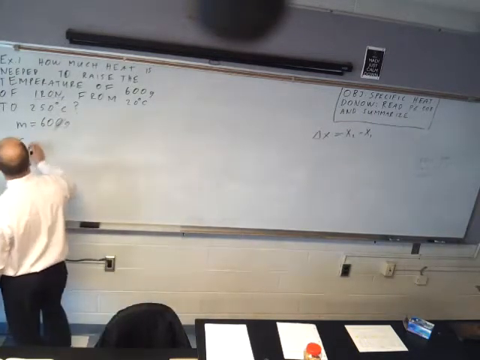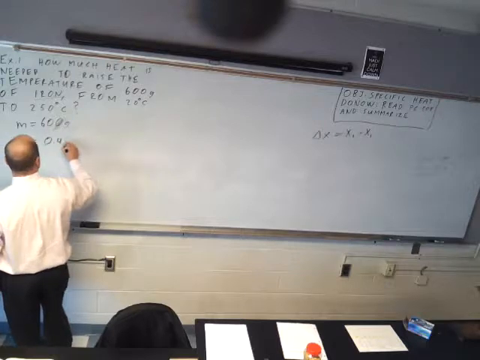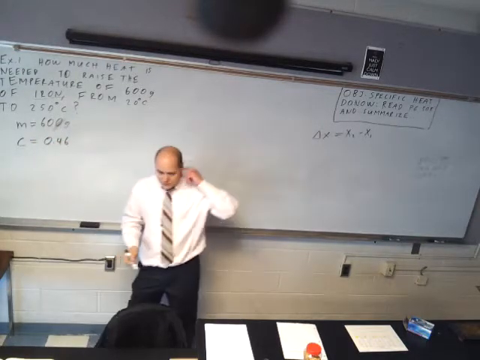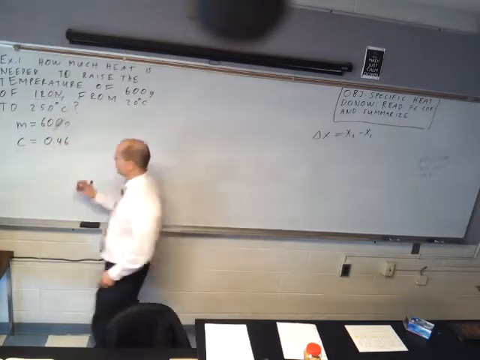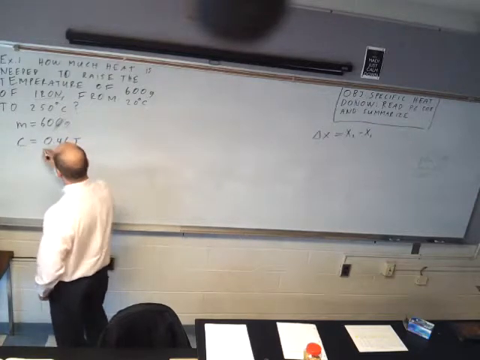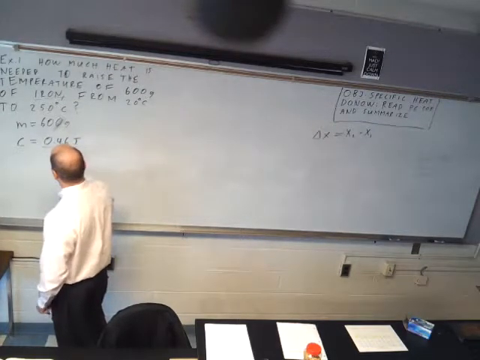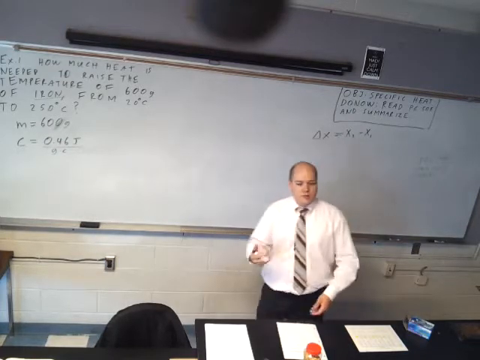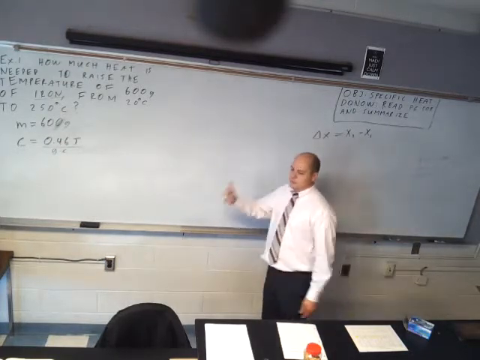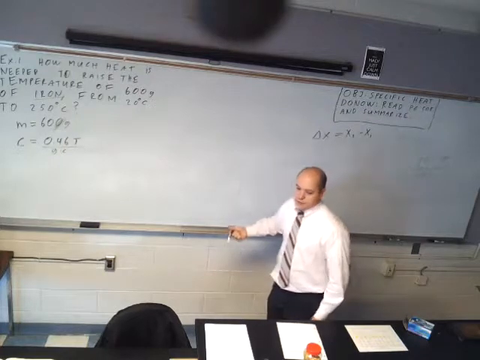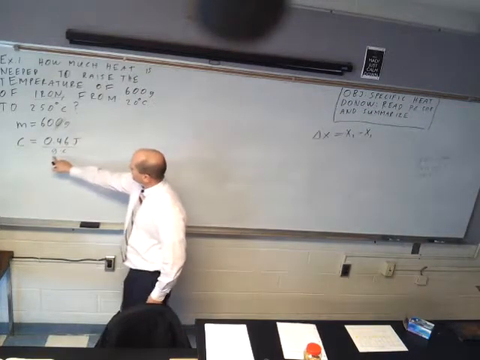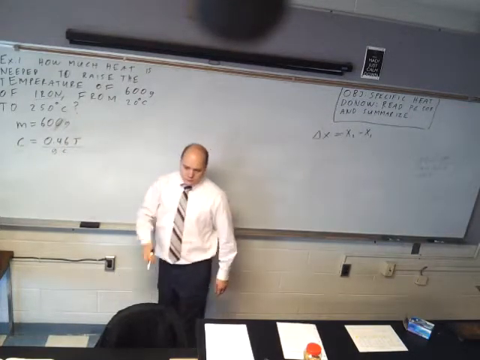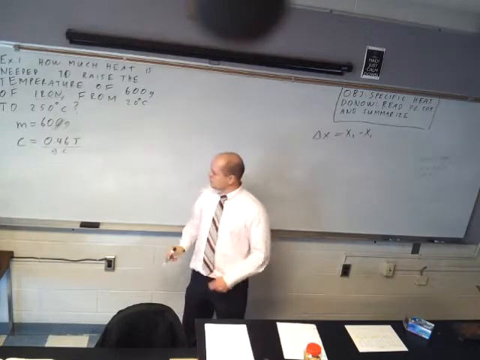So C equals 0.46. And for specific heat, the units are going to be joules, because it's energy, right? How much energy per gram per degree Celsius, which makes sense because specific heat is how much energy to raise the temperature of 1 gram of a substance by 1 degree. So that's why we got grams and Celsius on the bottom. What's in between grams and Celsius?